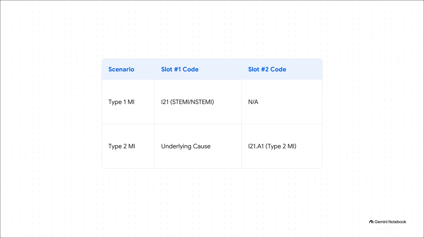When you map these scenarios out side by side, it perfectly illustrates a total reversal in our standard sequencing hierarchy. If a patient comes in for a standard type 1 MI, category I21 comfortably takes slot #1. But for a type 2 MI, the underlying cause, let's say the code for anemia, storms in and steals slot #1, pushing the I21.A1 code down to slot #2. It's a complete role reversal, and trust me, that is exactly why it gets tested so frequently.